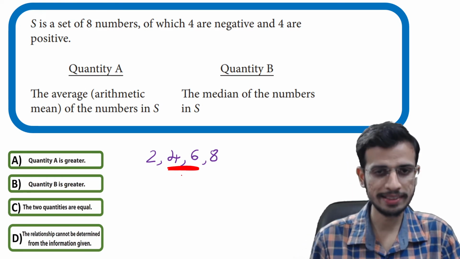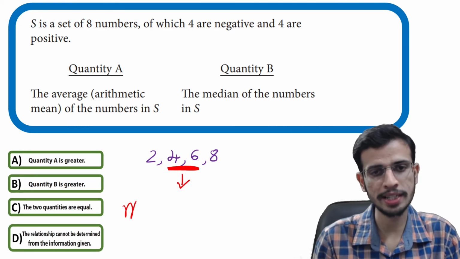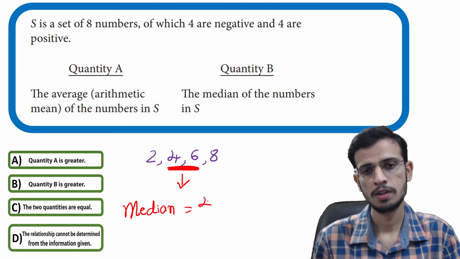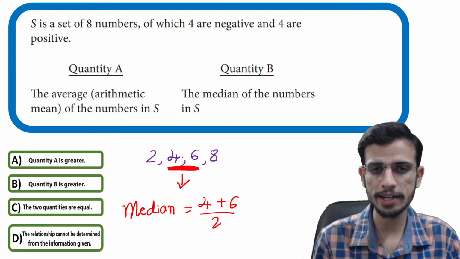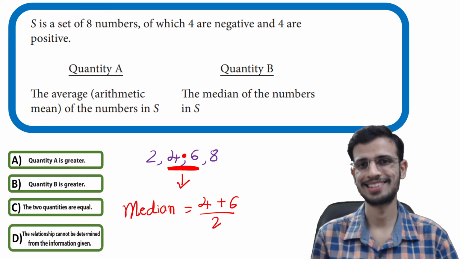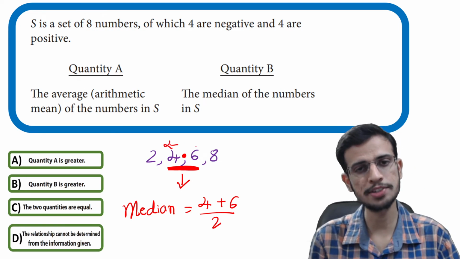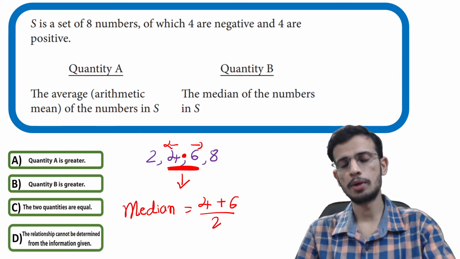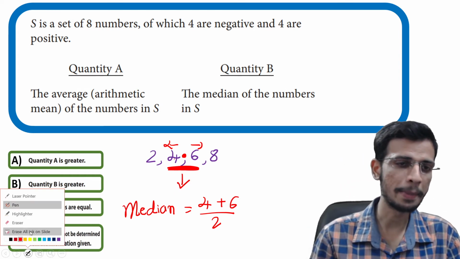In this case, median will become the average of these terms, because the physical middle is a point between them. On the left hand side there are 2 numbers, on the right hand side there are 2 numbers. So in that way you can find median.